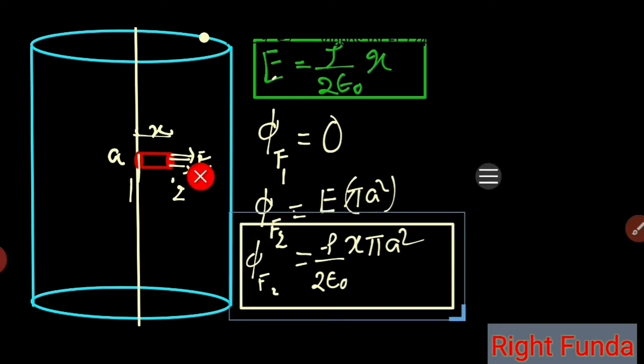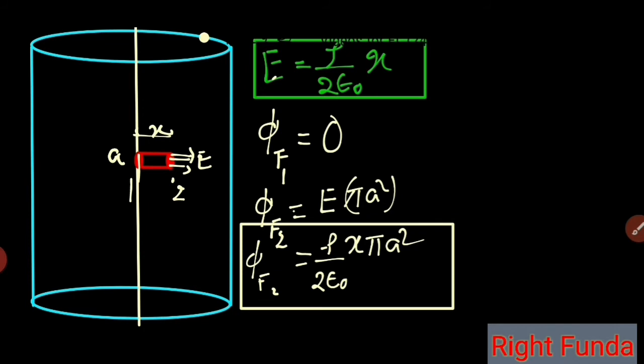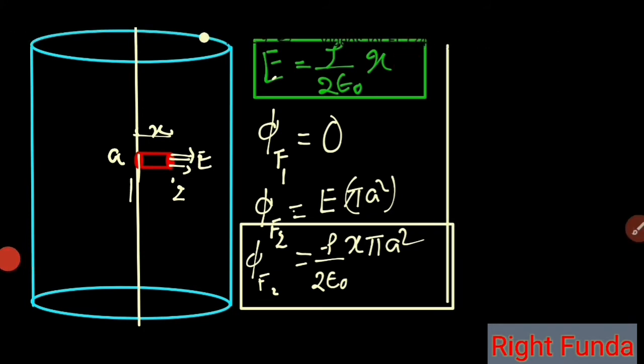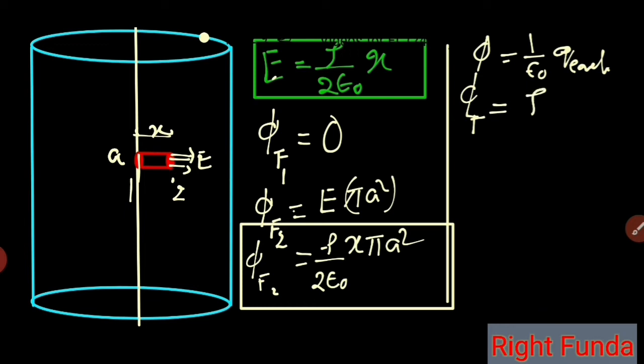Now if we try to find the flux through all the surfaces, by Gauss law the flux through all the surfaces is equal to 1 by epsilon naught into q enclosed. So the total flux will be rho into the volume, pi a square into x, by epsilon naught.